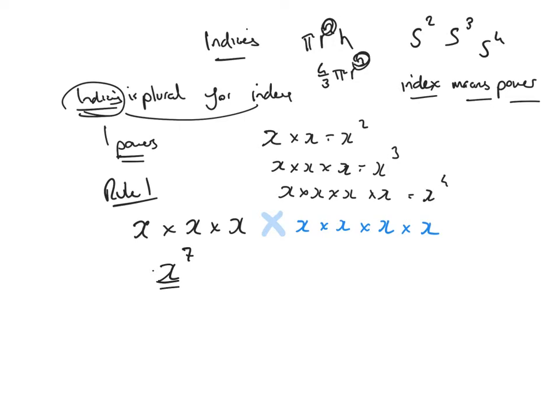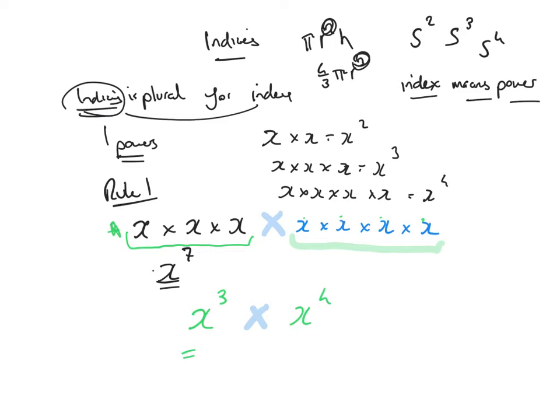Now, I could write this out again. And the x times x times x, well, I could shorten that down and say, well, that's x cubed. And then I'm multiplying that by this bit here, which is x times x times x times x, so that's x to the 4.